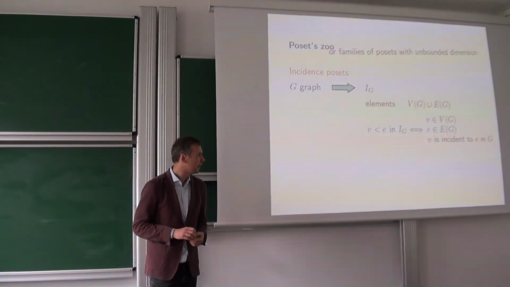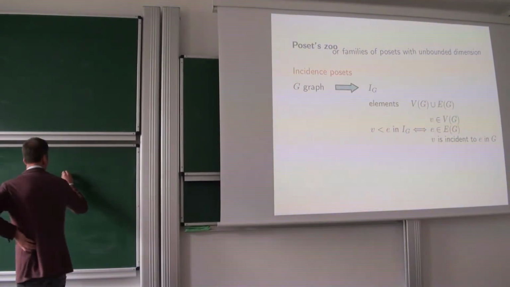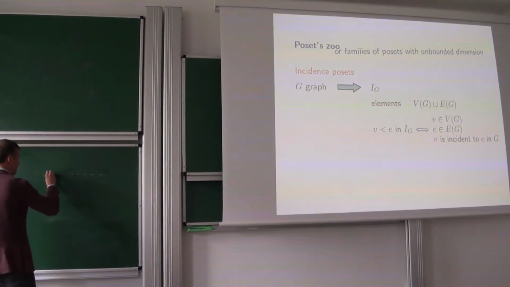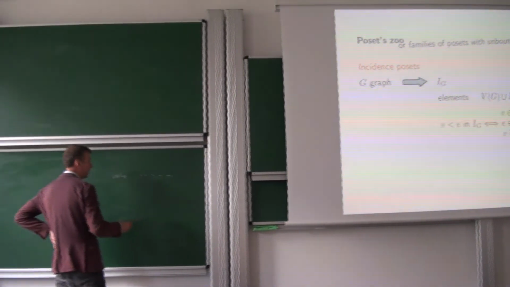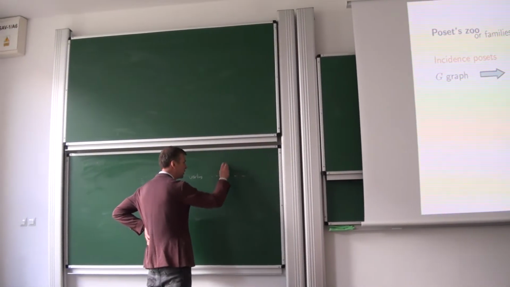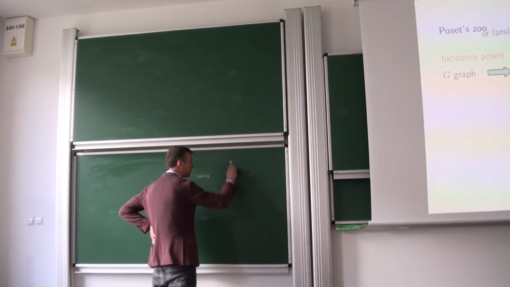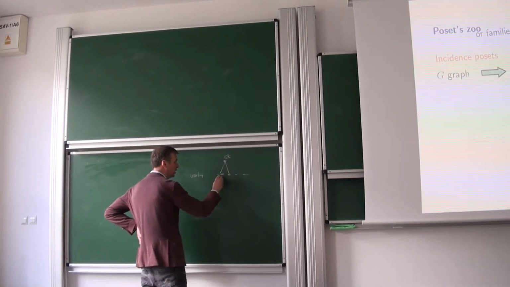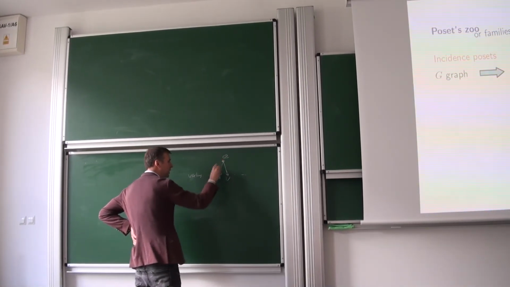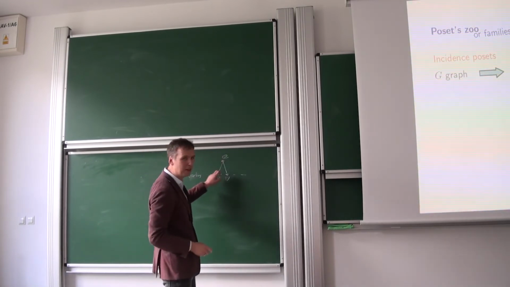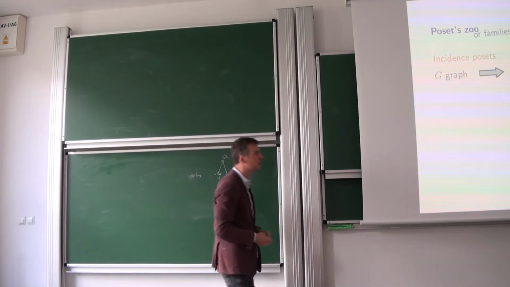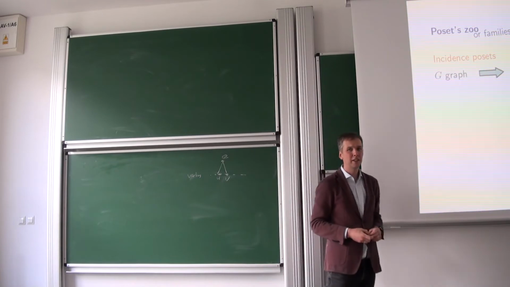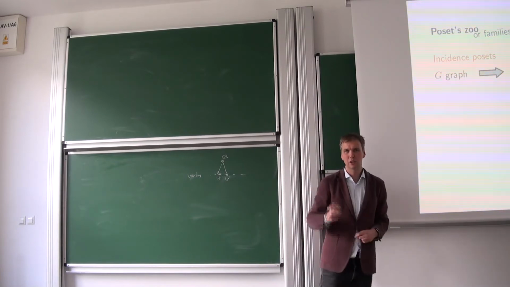The vertices are your minimal elements, and whenever there is an edge between two vertices, there is an element E in the poset that is above exactly the two elements corresponding to those vertices. And this is the incidence poset of the initial graph G.